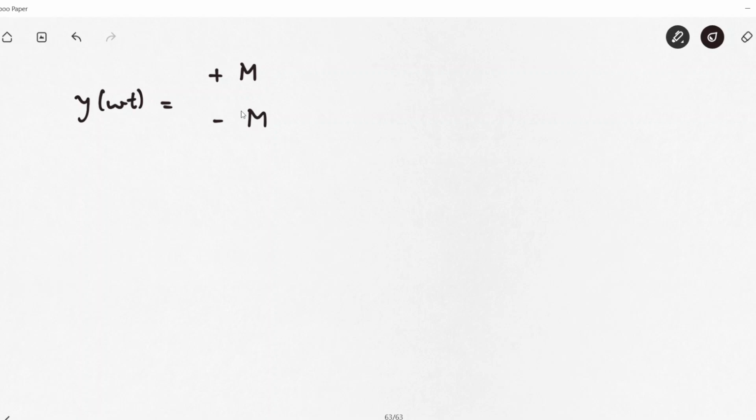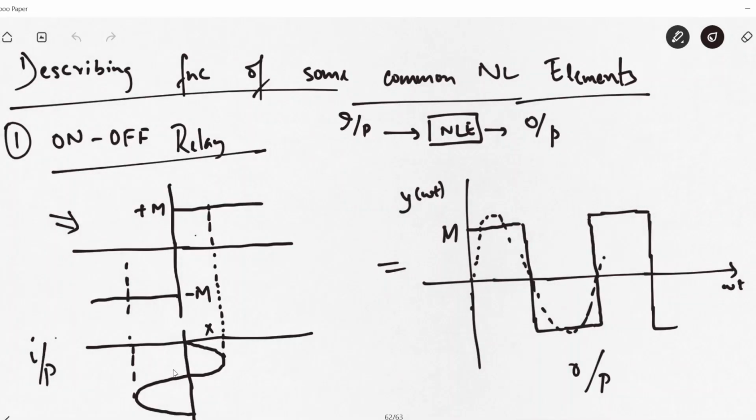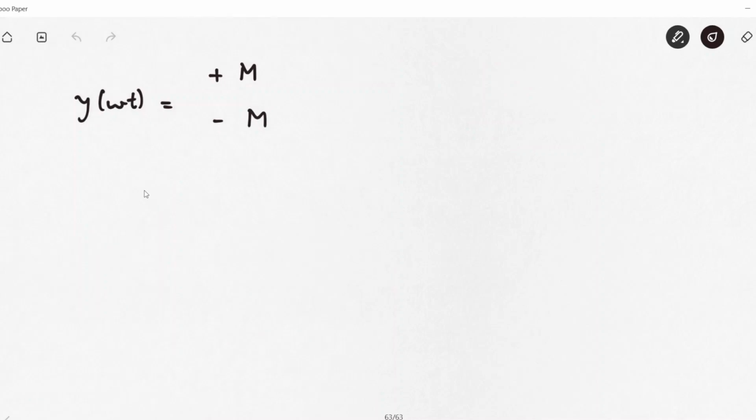It will be equal to plus m for omega t from 0 to pi, where pi is determined by the input sinusoidal function, and from pi to 2 pi the value of y of omega t will be equal to minus m.